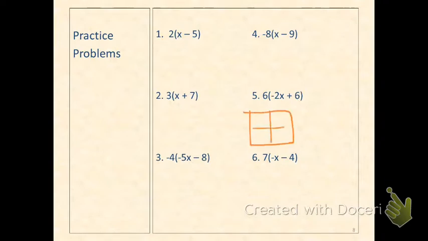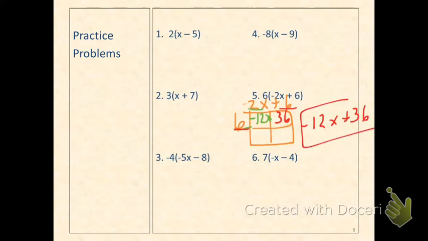So here's my box. 6, negative 2x plus 6. So now I'm going to fill in that box. 6 times negative 2x is negative 12x. And then again we've got 6 times 6, that's going to be 36. So when I write out my answer, it's going to be negative 12x plus 36.